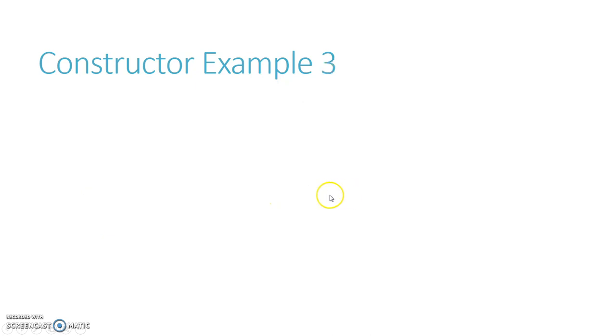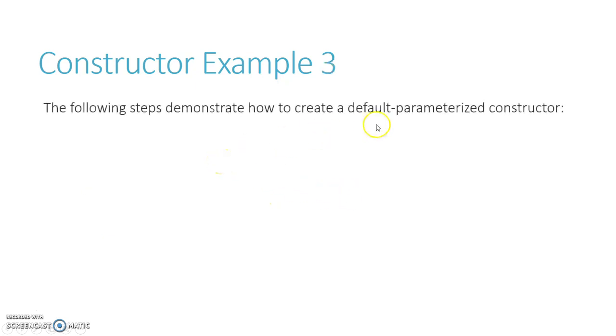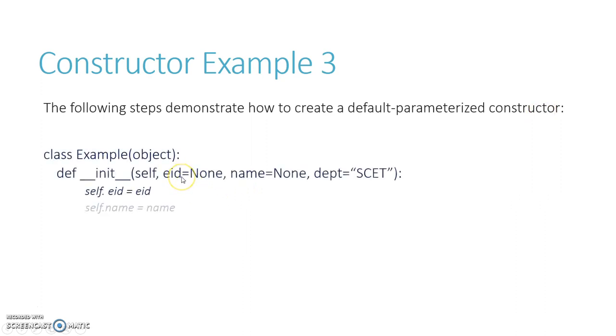Now let's see another example having a default parameterized constructor. In a default parameterized constructor, each of the variables that we are passing has some value assigned to it. EID is None, name is None, and the default value for department is SCED. So here the default value is given and the value is assigned or passed in this manner only.